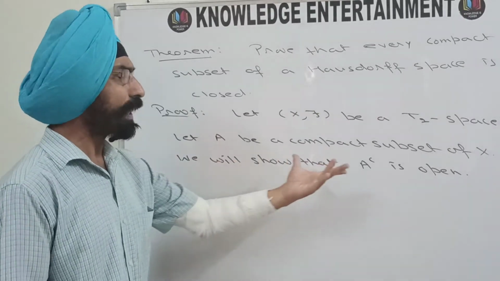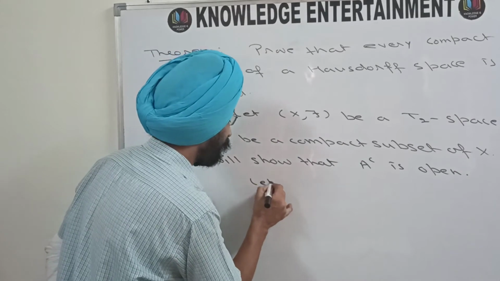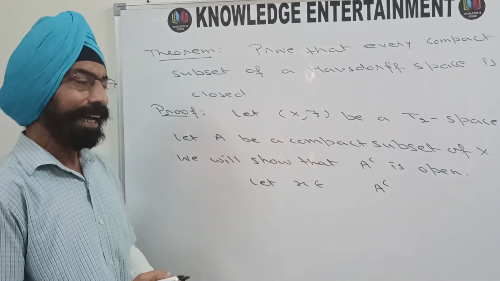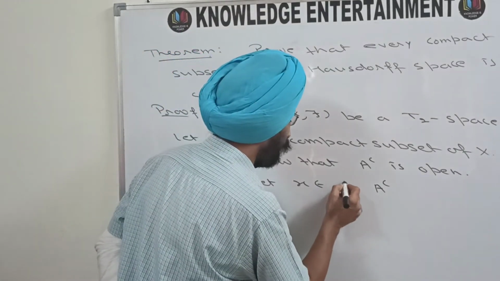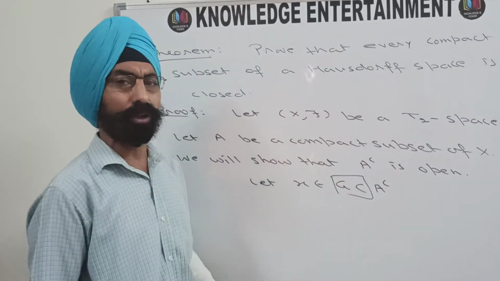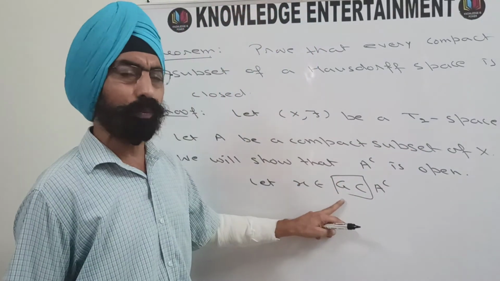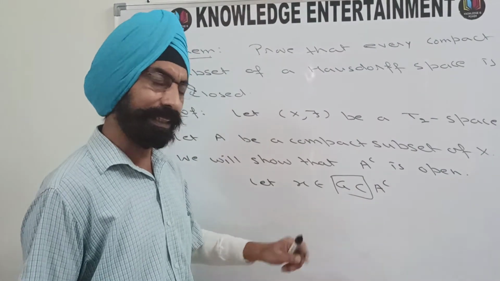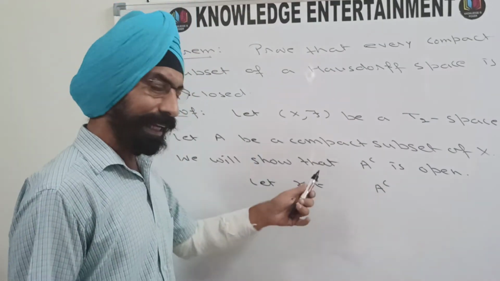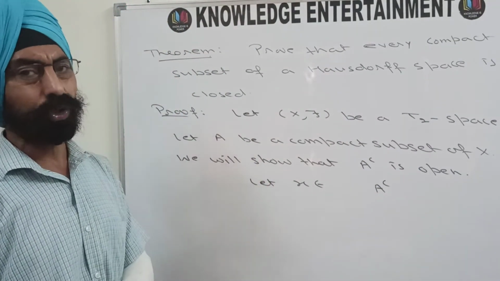To show that A complement is open, let x be an element of A complement, and we will try to find an open set G such that x belongs to G and G is a subset of A complement. We will have to do that, because if we can find an open set G satisfying this, then A complement will be open, and A complement open will automatically imply that A is closed.